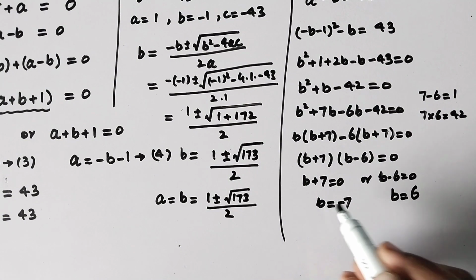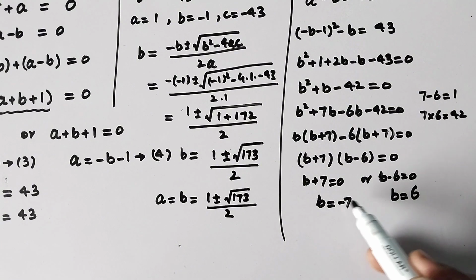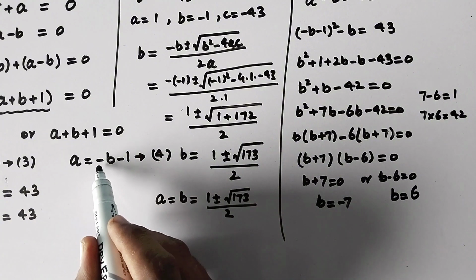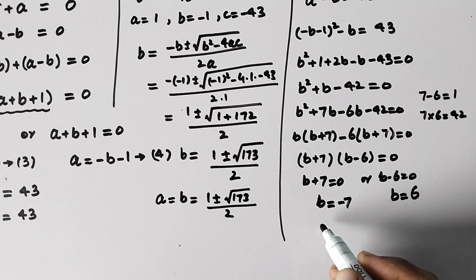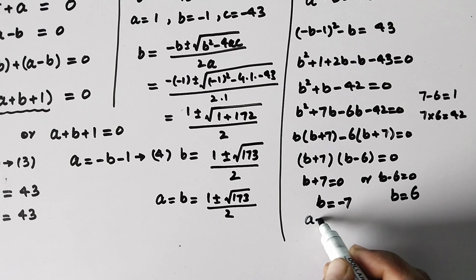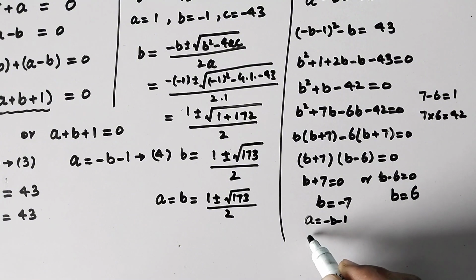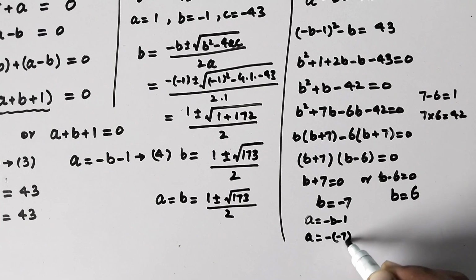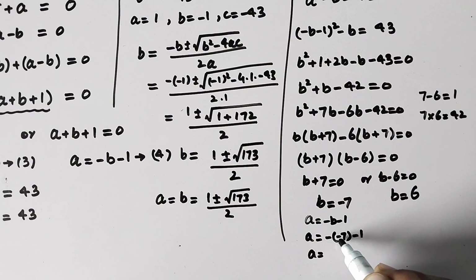And to find the value of a, we will put these values of b in this equation, a equal to minus b minus 1. So here when b is equal to minus 7 and a is equal to minus b minus 1, so here a will be equal to minus into minus 7 minus 1, or a will be equal to minus times minus 7 is equal to positive 7 minus 1 will be equal to 6.